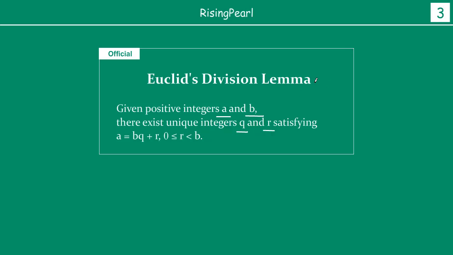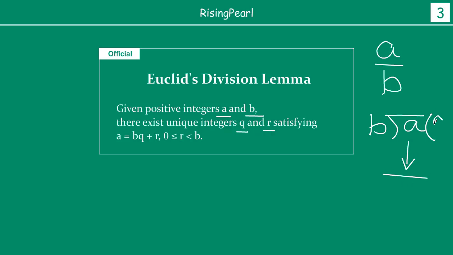So as you can see, friends, what it is really saying is that I have two numbers a and b, and let's assume a is bigger than b. So a divided by b, if I were to do this division, I will have something like this, right? And then if I continue this division, the division will go on, and I will finally have a quotient and a remainder.